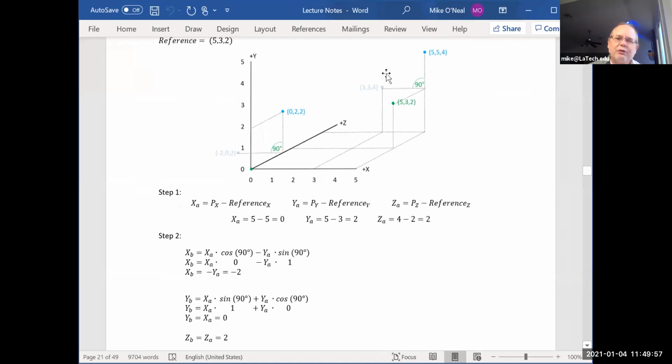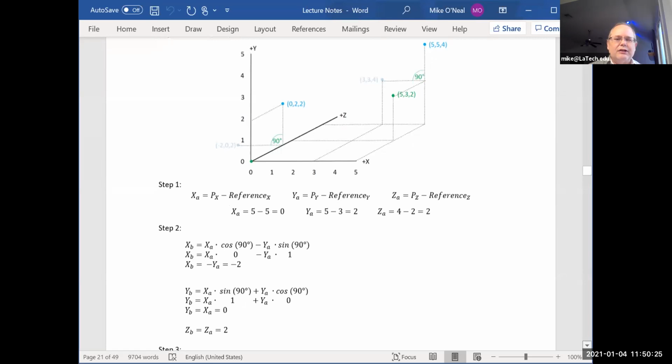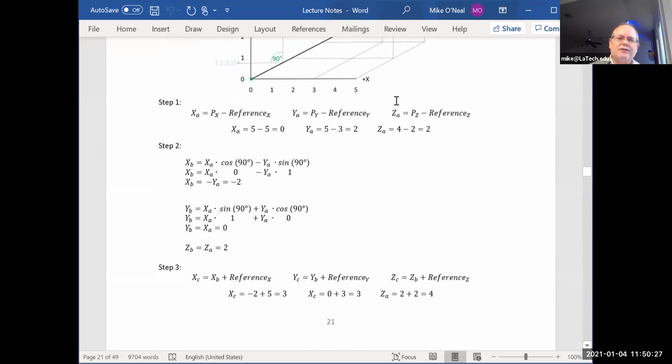Okay. So again, this was the original reference system over here. We took this reference system and moved it over to the origin, so the reference point 5, 3, 2 was at 0, 0, 0. We then did the 90 degrees counterclockwise rotation, giving us minus 2, 0, 2. We then took this system with the rotated point and moved it back here, and that's how we got 3, 3, 4. And the math for it is just like we had before. The only difference is now we've got a z component. So you start with some point, px, py, pz.